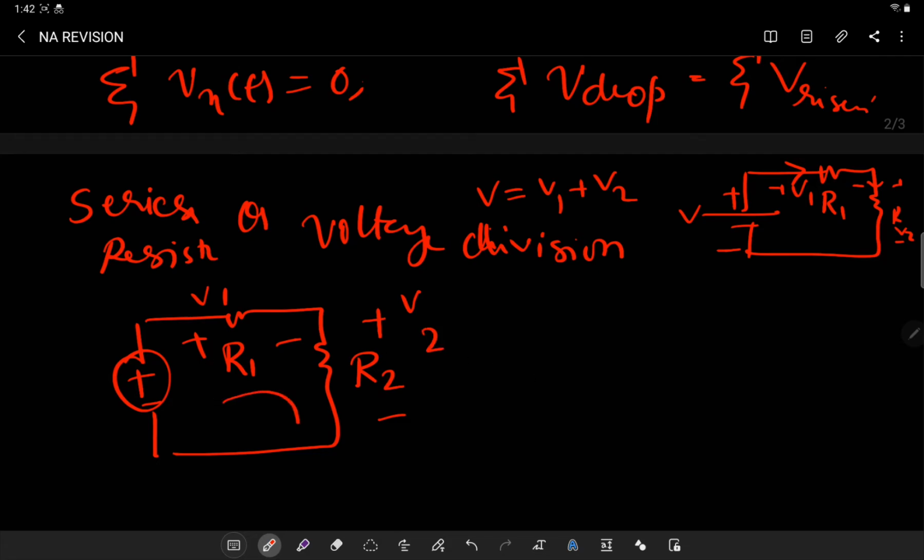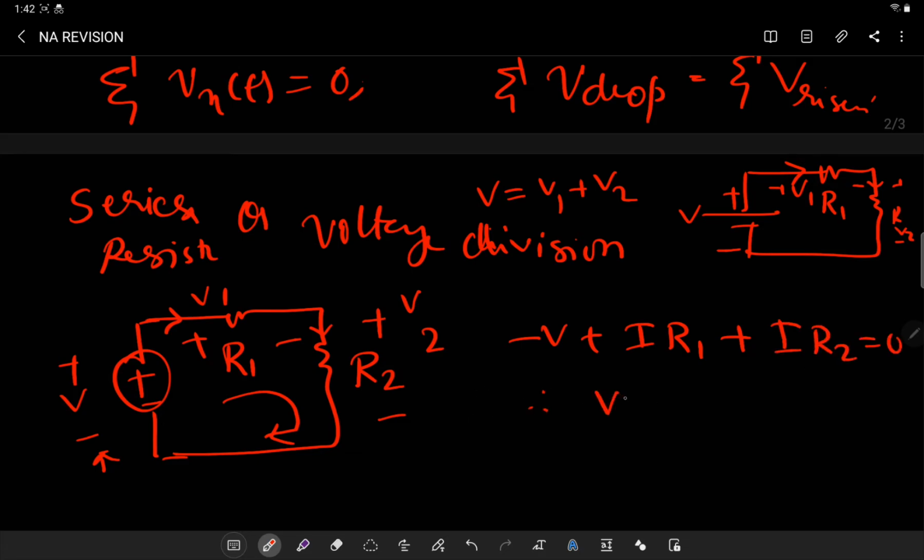Since both the elements are in series, the same current passes through the resistances R1 and R2. If I apply KVL here, this is voltage V. If we start here, minus V plus I into R1 plus I into R2 is equal to 0. Therefore V is equal to I of R1 plus R2, or I can simply write I is equal to V by R1 plus R2.